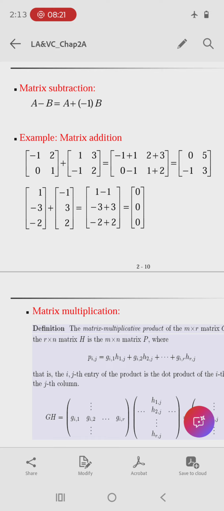The result is 0, 5, minus 1, 3. Next, adding the two column elements: 1, minus 3, minus 2 plus minus 1, 3, 2 equals 1 minus 1, minus 3 plus 3, minus 2 plus 2. All the entry values are 0. This is a column matrix.